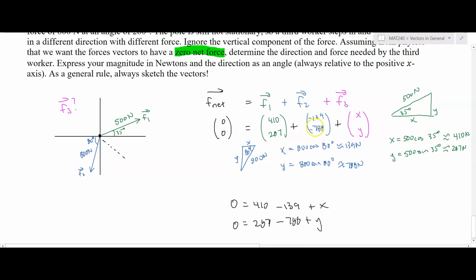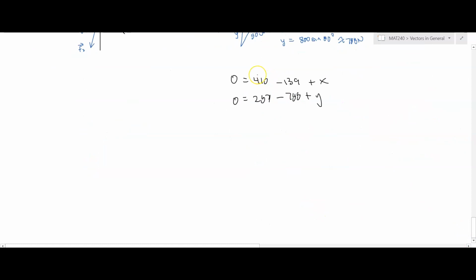Another way to do that is just to add these two vectors together and subtract it over to the other side. So 410 minus 139 comes out to 271. So I have 0 equals 271 plus x. So therefore, x has to be negative 271.